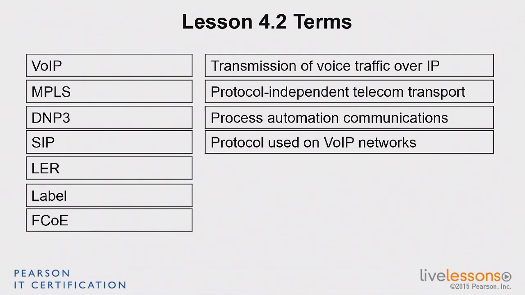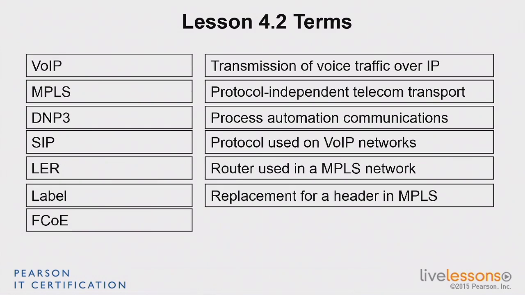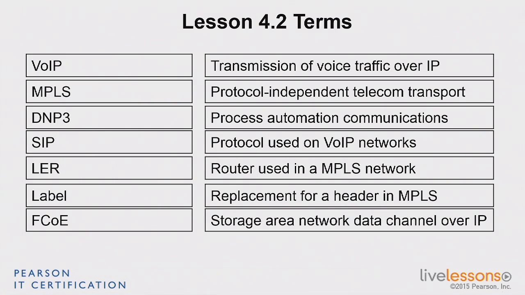SIP is the protocol that we use on Voice over IP, or VoIP, networks. A LER, which is a label edge router, is the router used in an MPLS network. A label is a replacement for a header in an MPLS network. So instead of the traditional IP header, we have a label. And FCoE is what we're using for storage area network, or SAN, data channel over IP.